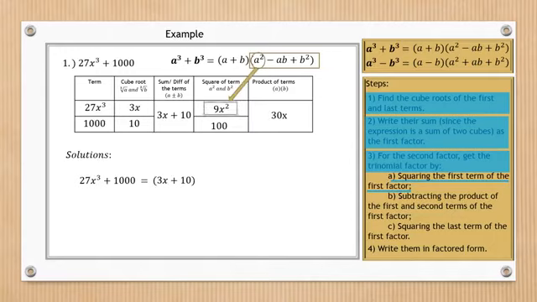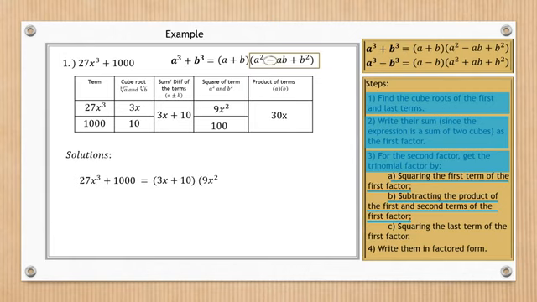There, so you write it down. Next, subtracting the product of the first and the second terms of the first factor. Like I said, the product of the factors we multiply, then we subtract. Where is that? That minus.